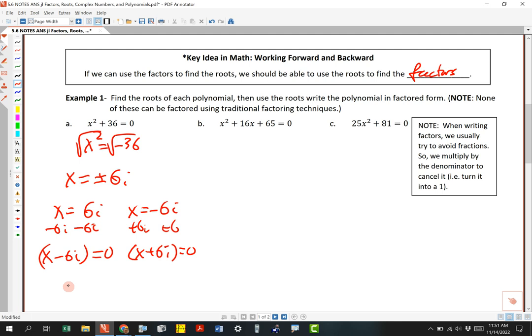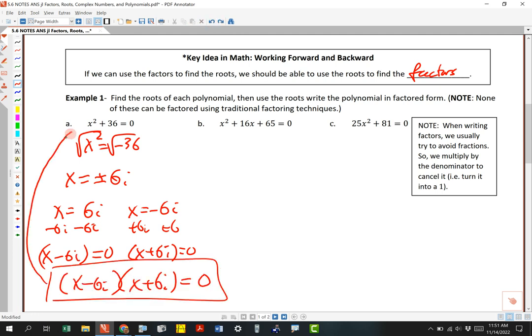So the two things that we would multiply together would be x minus 6i and x plus 6i. Those are the factors that we get for that original polynomial. That is that original one rewritten in factored form. Is it easier to just factor it normally? You could. It's not a difference of squares, but you could figure out a way to do that.